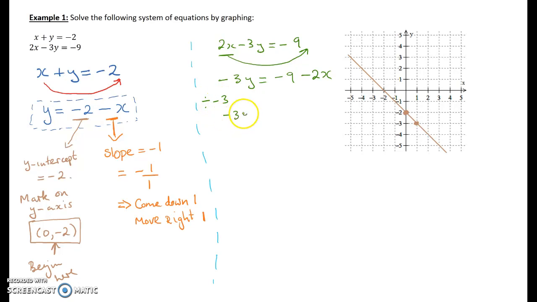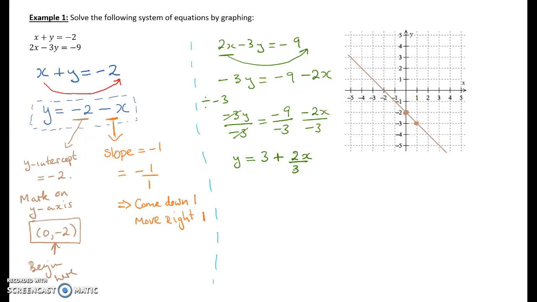So we have -3y divided by -3 is equal to -9 divided by -3, -2x divided by -3. Okay, then the -3's will cancel, so you have y is equal to -9 divided by -3. A minus divided by a minus is a plus, 9 divided by 3 is 3, and -2x over -3, a minus divided by a minus is going to be a plus again, and it's going to be 2x over 3, or you can write it as 2/3 of x.